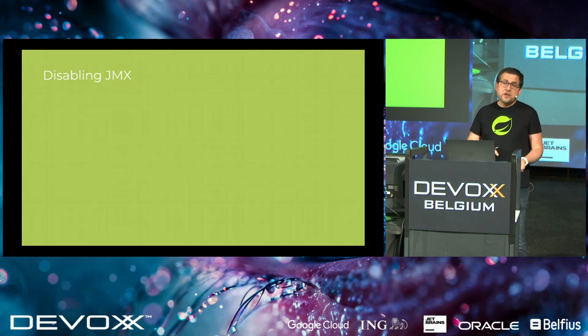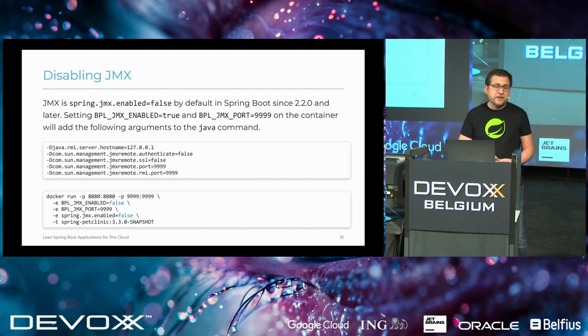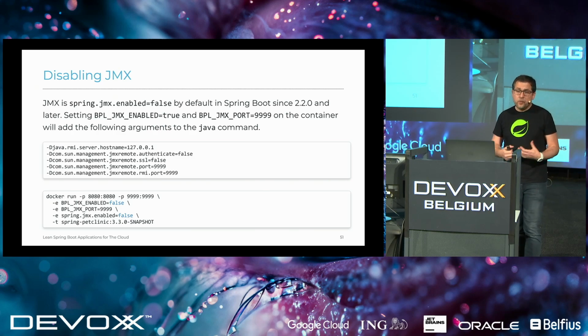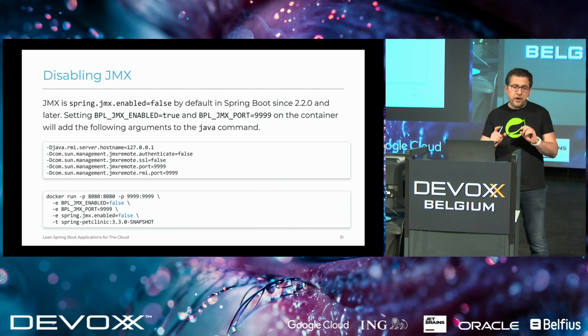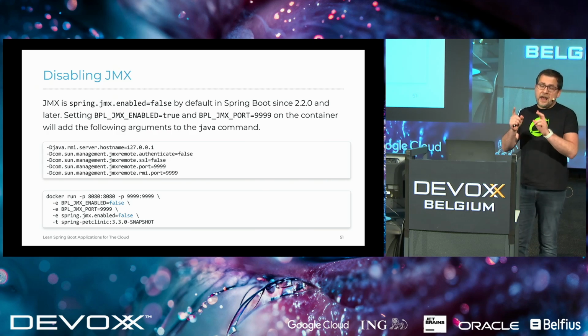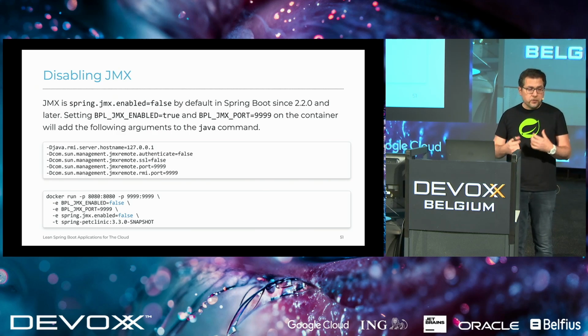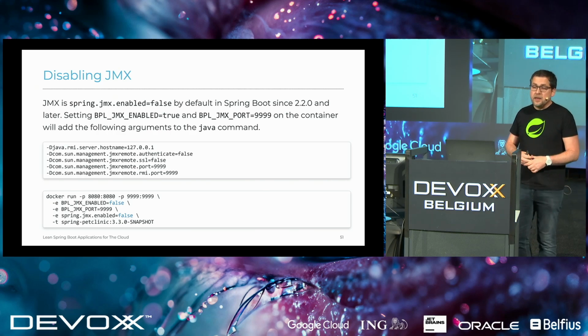Then there is another idea you will probably see when you run your application from within IntelliJ. When you run it within IntelliJ, you have a tab where it says Spring Beans, health endpoints, the paths you have on your controllers. IntelliJ reads this information from within your Spring Boot app via JMX and displays it in the IDE.